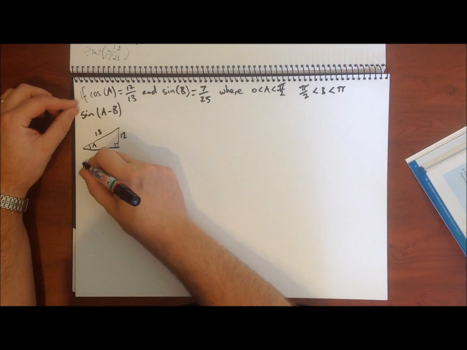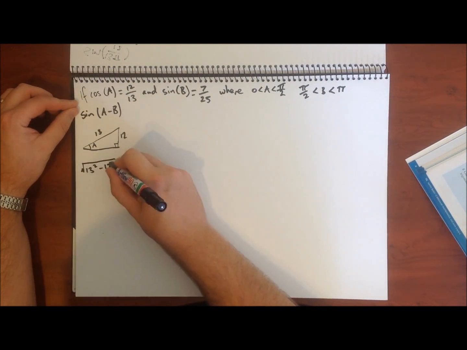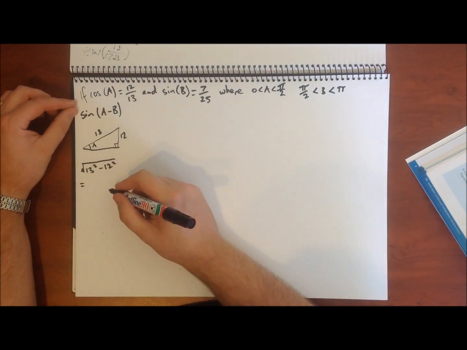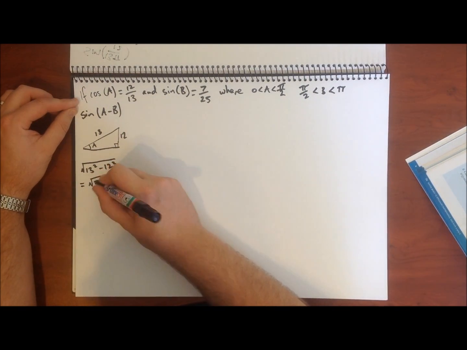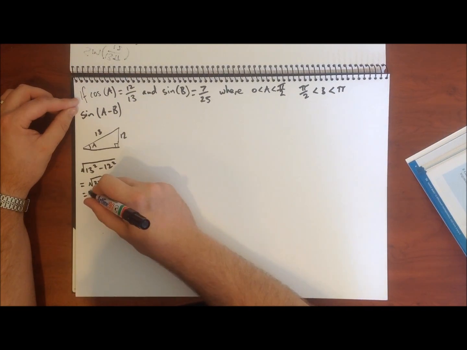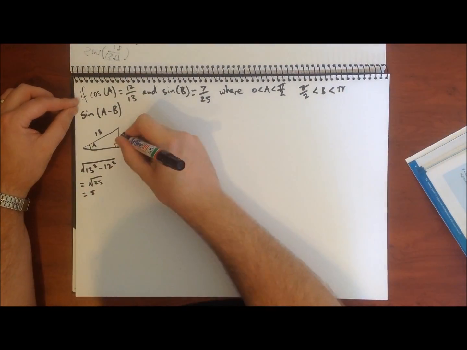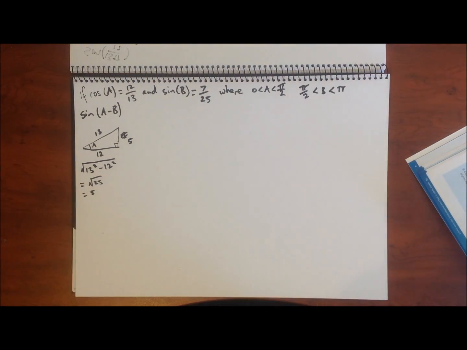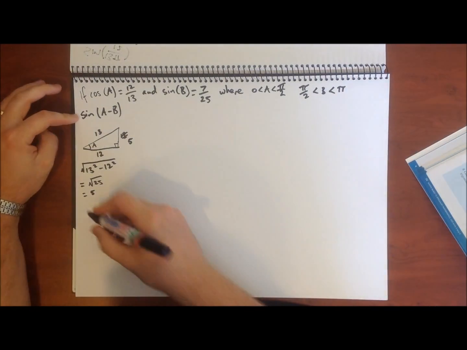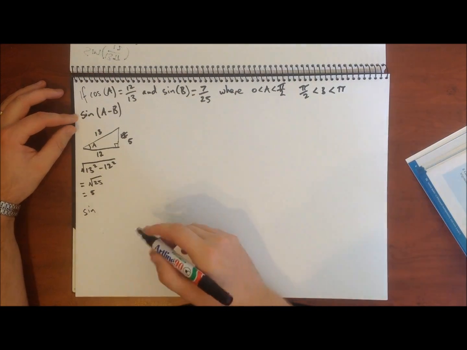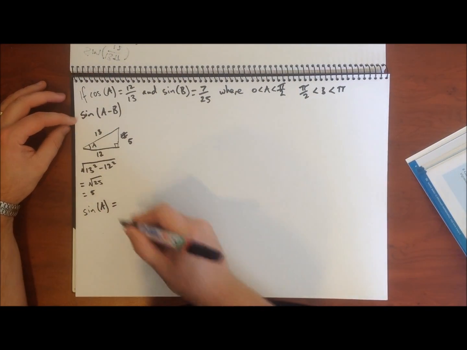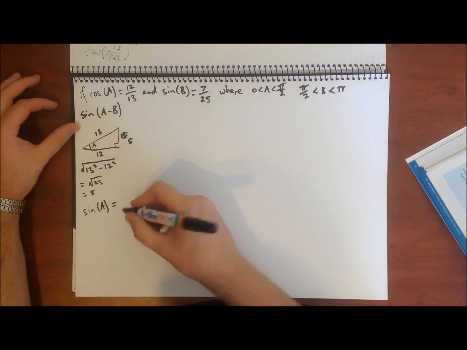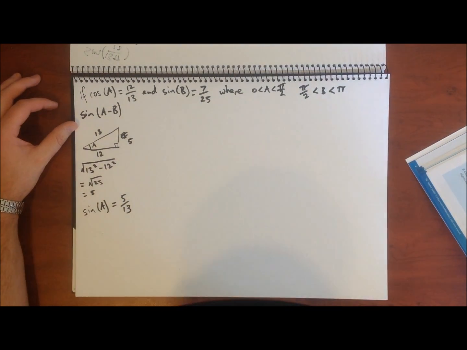We say that we've got the square root of 13 squared take 12 squared, which is equal to the square root of 25, which is equal to 5. And you'll see, I accidentally mucked up there, our 12 was our adjacent and should have been there, sorry about that. And our 5 is our opposite. So we've got our nice little right angle triangle there. So we know then that sine of A equals our opposite over our hypotenuse, so it's 5 on 13.